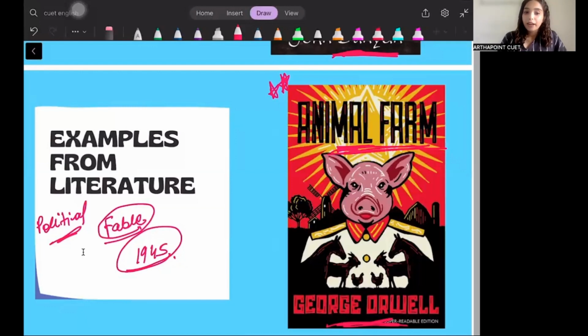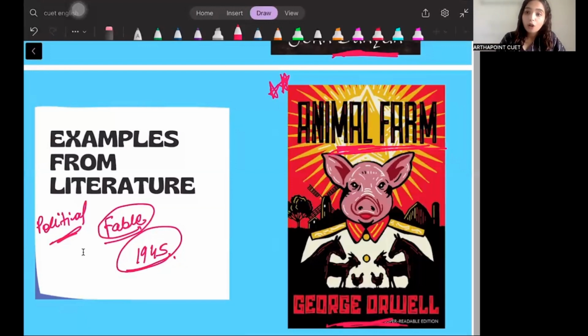George Orwell felt that all the animals, so basically all human beings, must be treated equally. What Orwell was trying to communicate through these animals was that everybody should be treated equally, and this would solve a lot of social and economic problems.